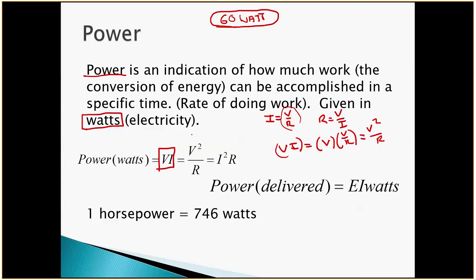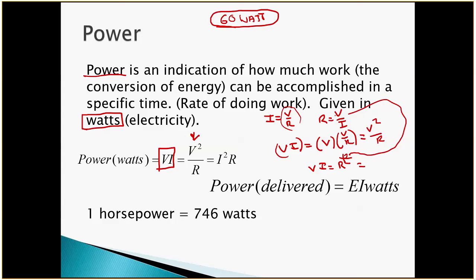Hence, the second equation. If I didn't know what voltage was, I can come back to VI, and say VI is equal to what? I don't know what voltage is, but I can know some other things. Resistance is equal to V over I, so I can put R times I squared, and that will equal the same thing.